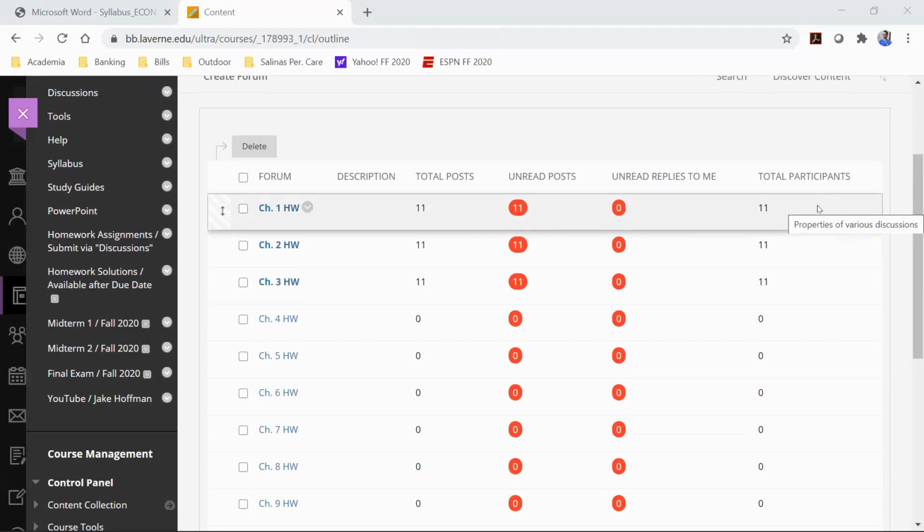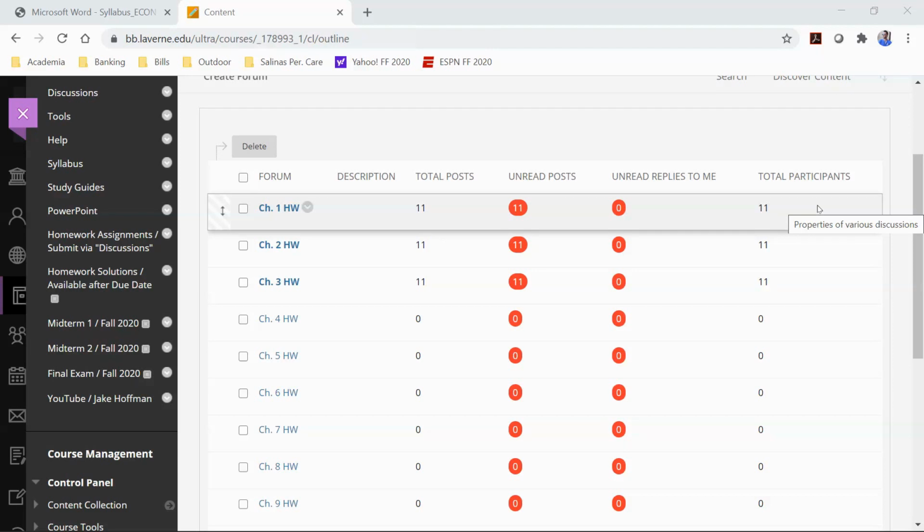So the chapter 1, chapter 2, and chapter 3 homework assignments are due today, or tonight, I guess. If you haven't got those in, please do, or let me know if you have any problems with those. Most students have done that, but yes, the first 3 homeworks are due today.